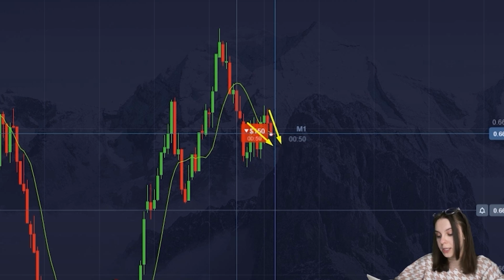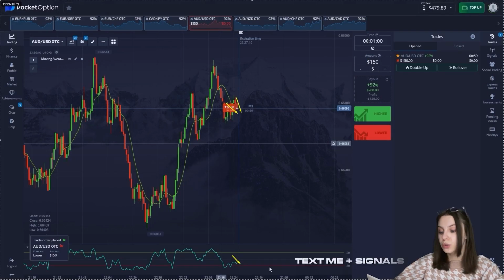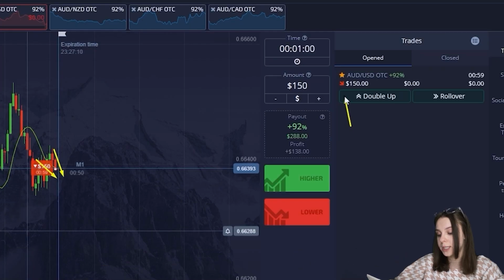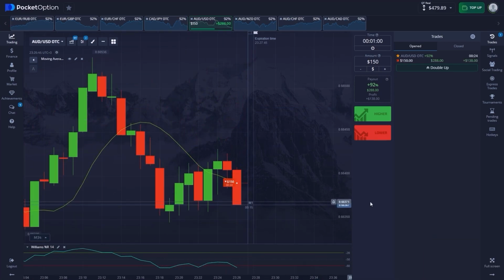According to the Williams indicator, a similar situation, we are moving towards the oversold zone. This is our red mark, minus 80. That's absolutely everything telling us about opening a bearish trade, which is what we did. Let's watch this.